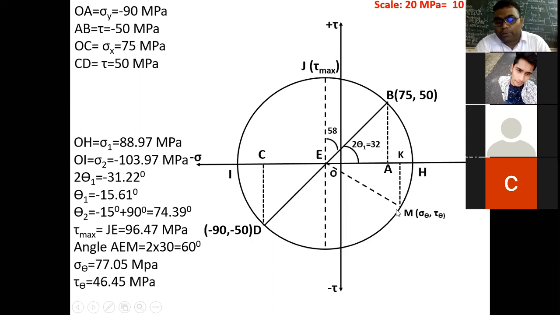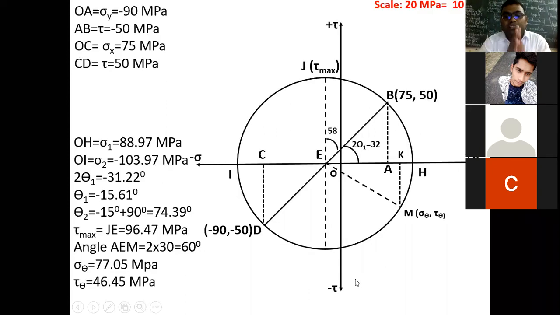So now you will get the point M, and now, simply, you measure EK. EK multiplied by this scale, you will get sigma theta, and measure MK multiplied by this scale, you will get the tau theta.